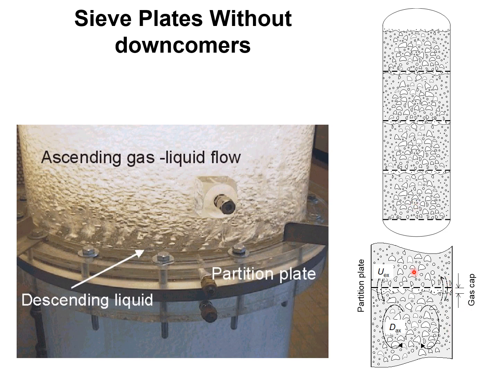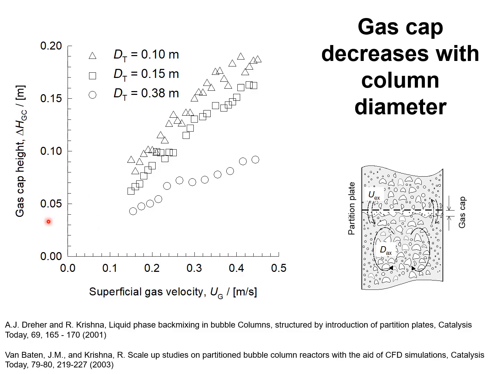Let's look at the development of the gas cap. Experimentally, we determine the height of the gas cap as a function of the superficial gas velocity in the partitioned bubble columns. And I show here experimental data obtained in my laboratory for 3 column diameters.